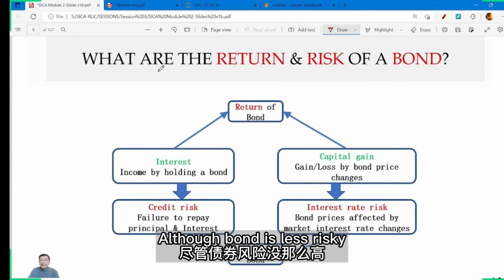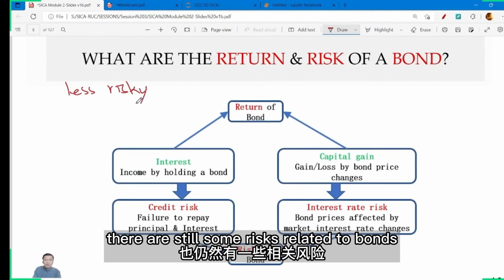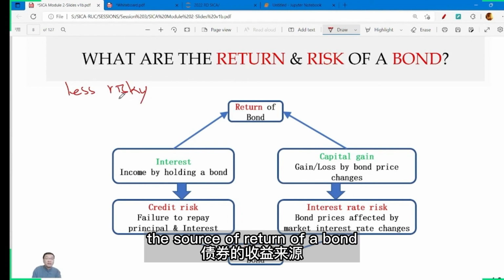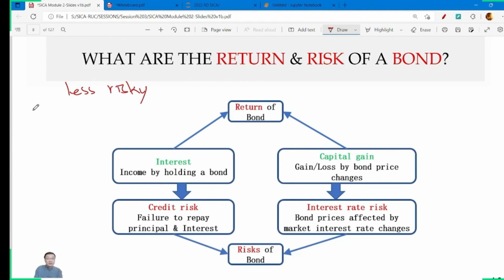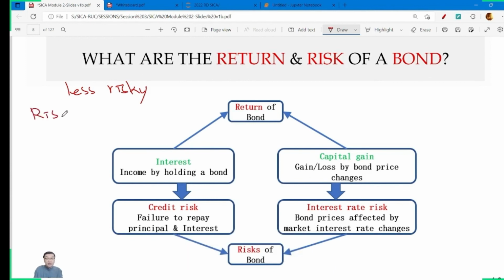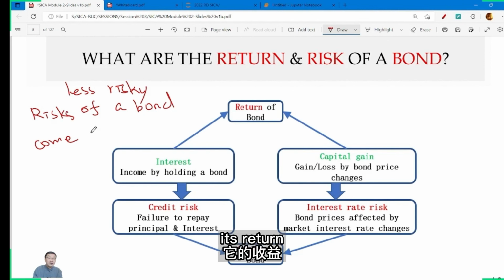Although bonds are less risky, there are still some risks related to bonds. And the risk of a bond comes from the source of return of a bond. This is very interesting. The risk of a bond comes from its return.